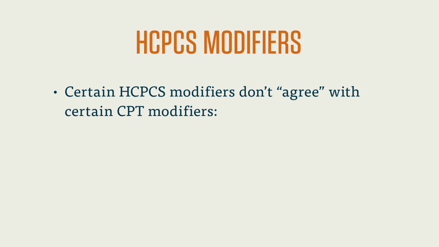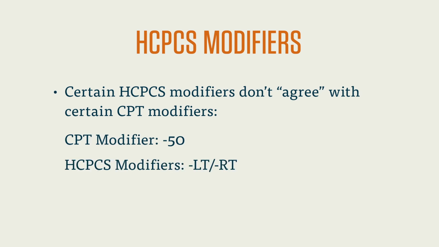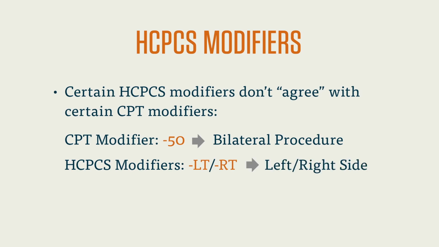The most obvious example of this would be CPT modifier -50 and the HCPCS modifiers -LT and -RT. These modifiers are mutually exclusive. CPT modifier -50 describes a bilateral procedure, while HCPCS modifiers -LT and -RT describe which side of the body a procedure is performed on.